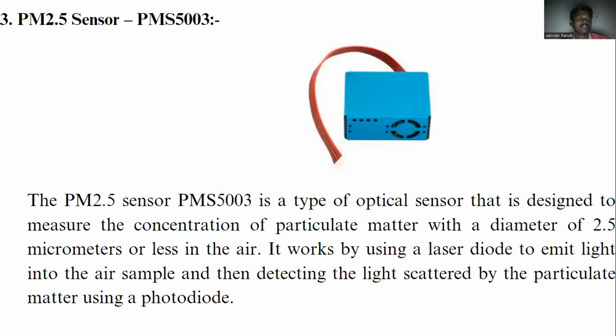Now, this sensor is a PM2.5 sensor, PMS5003. This sensor is an air quality sensor device. We are using the PMS5003 sensor for measuring PM2.5, which are particulate matter in the air with a diameter of around 2.5 microns.